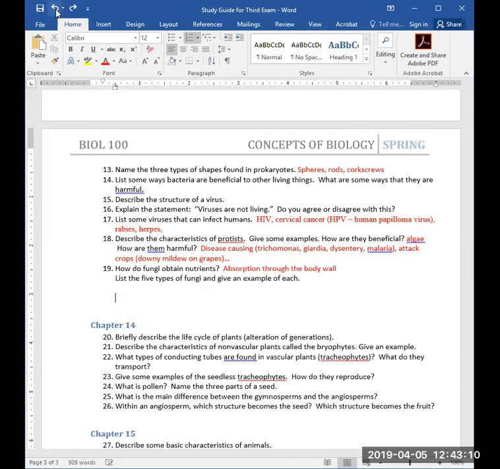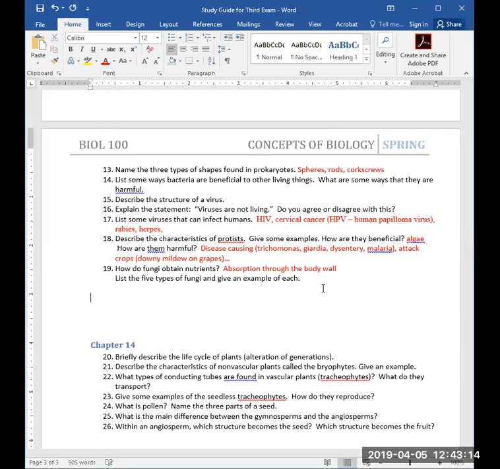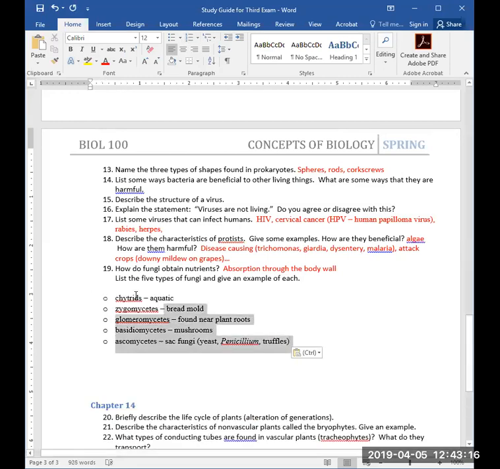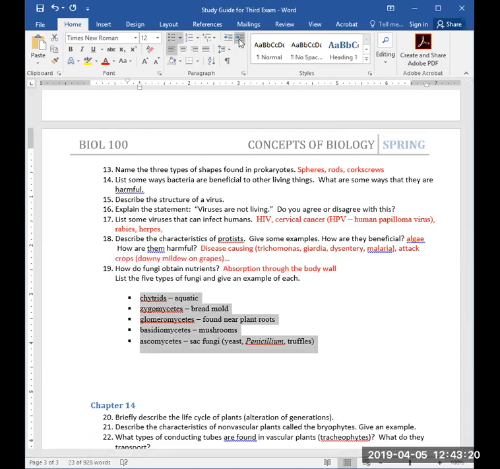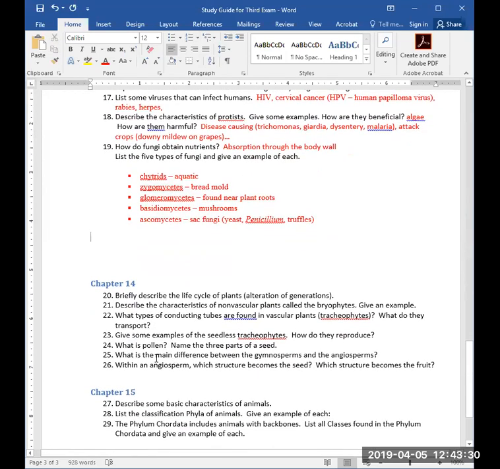Why does it do that? I hate when it just does it. Okay, so there. Okay, and oops. Okay, mushrooms, bread mold, and then other types of fungi.